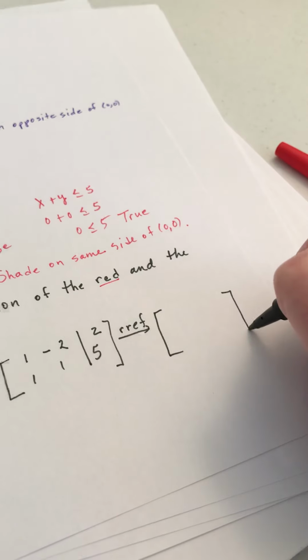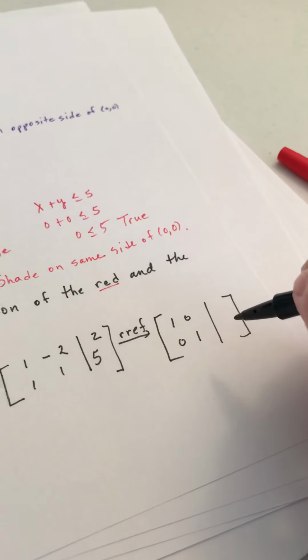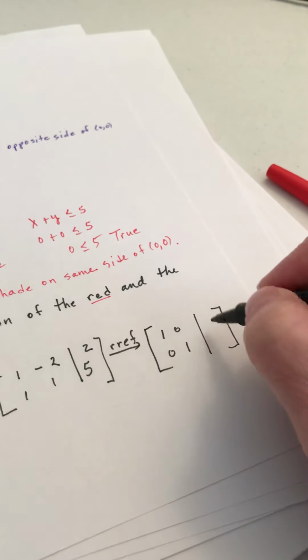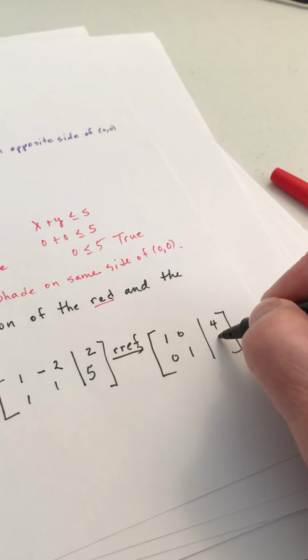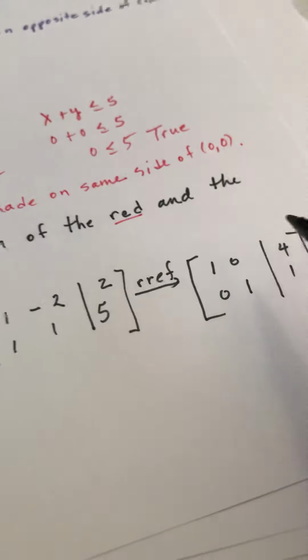I've done this ahead of time and I got 4, 1. I think that's correct. Looks about right. You can always check and see if 4, 1 works in here.